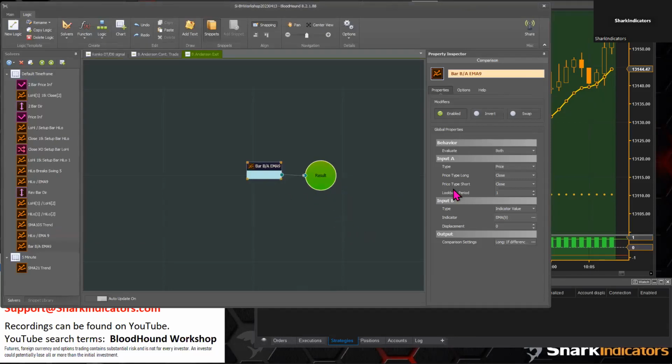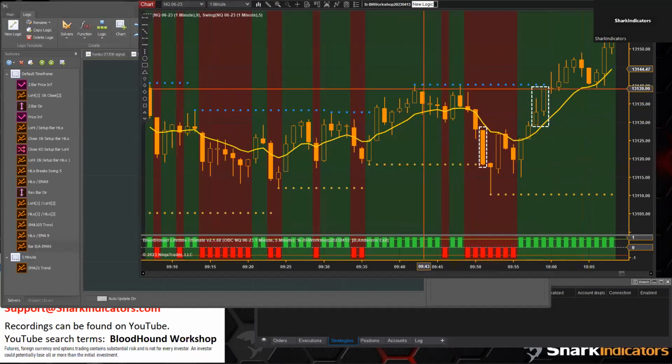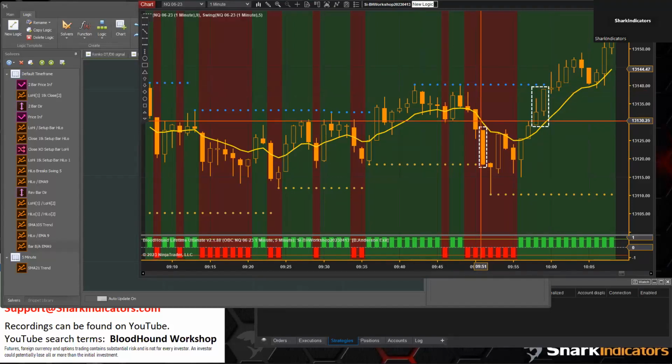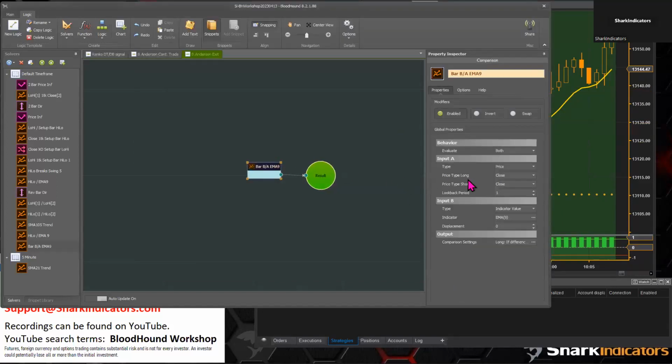So for a long trade, exit signals need to be a short output to exit a long trade. So we need a short output, like we see here. For a long trade, we're evaluating the high price, and if it's a short trade, we would be looking at the low price.